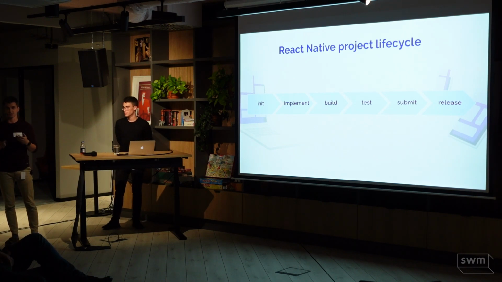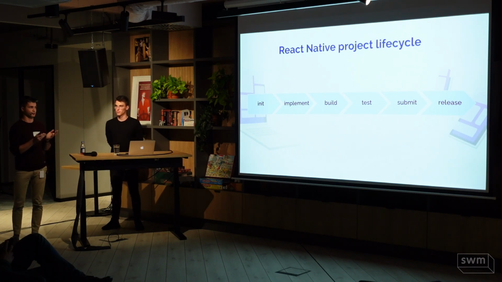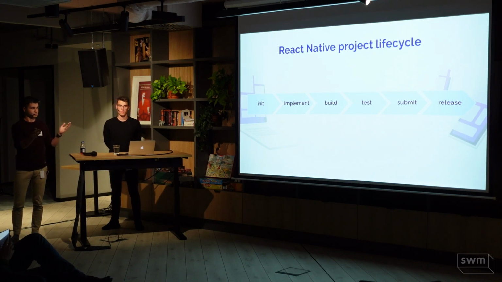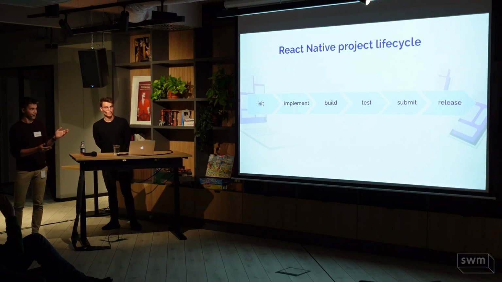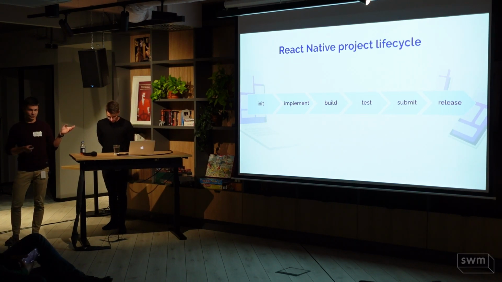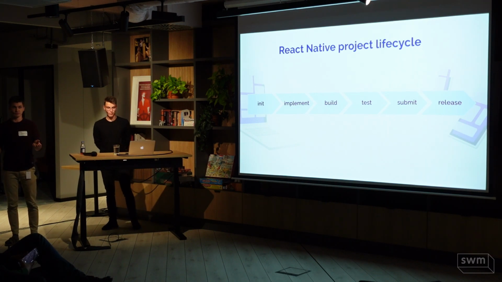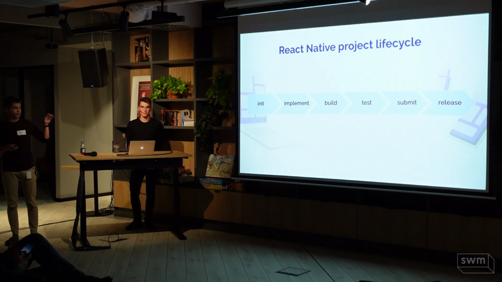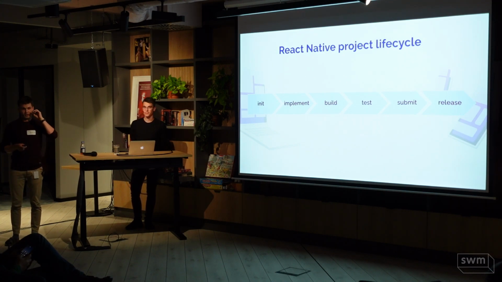Generally speaking, if you are working with React Native, you try to deliver an application. So you need to follow more or less these phases to achieve your goal. You need to initialize your project using some template, some command line tool. You need to implement your idea, and here is the tricky part.